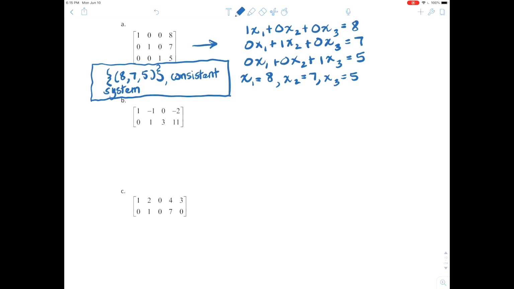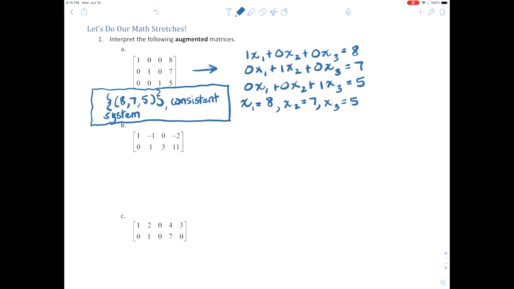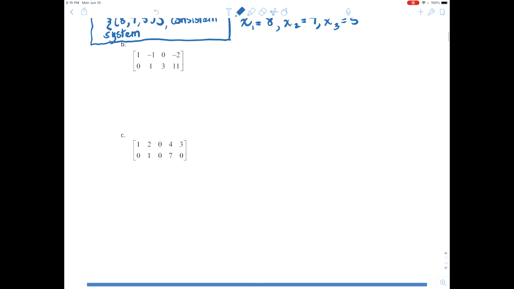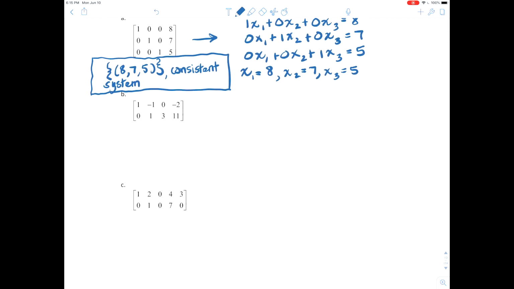Now, what about this next one? How would we notate this next matrix? Well, again, put this into a system. You know it's augmented, so if it makes you feel better, go ahead and draw the line there. And what do we have? Well, we can say that this is equivalent to 1x1 minus 1x2 plus 0x3 is equal to -2.